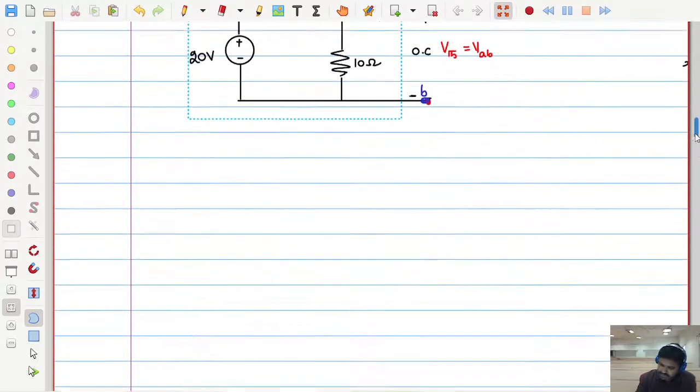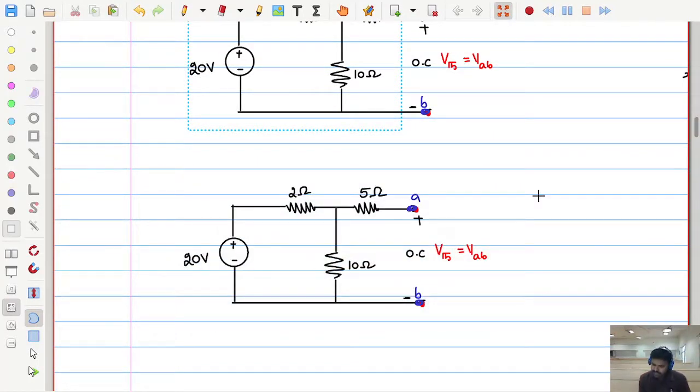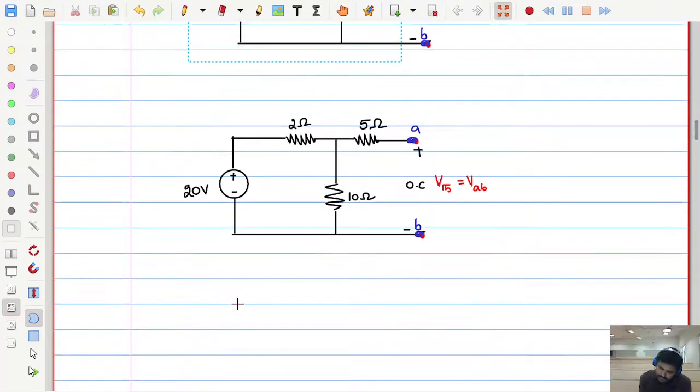Let me take the same circuit in this way. Try to observe that I need the voltage between A and B. Whenever you have this kind of thing, you start at A and reach the terminal B. In that process, whatever voltages you come across, you add up all the voltages. Let us say this voltage is some V1, this voltage is some V2.